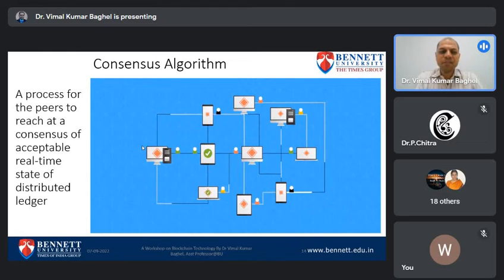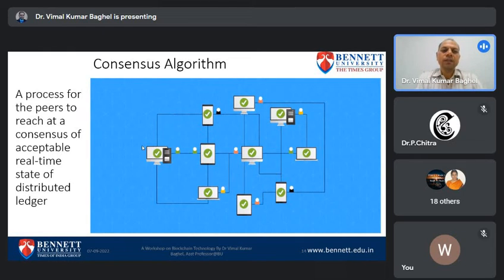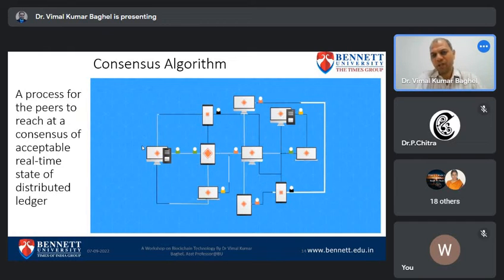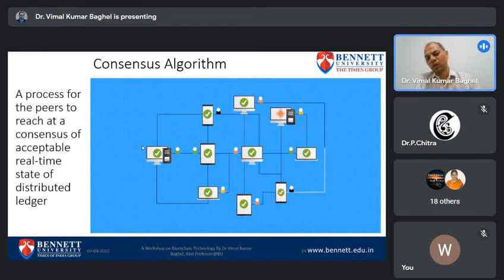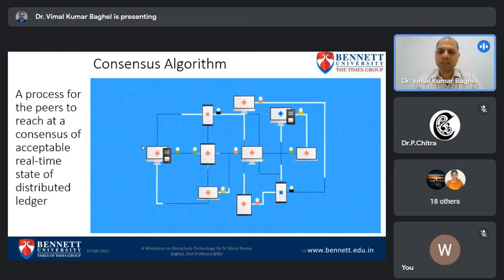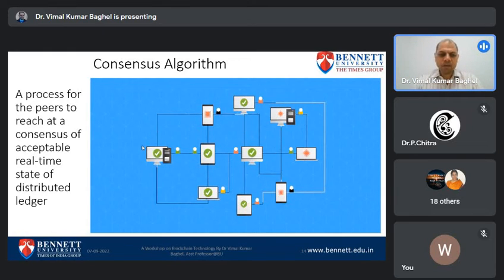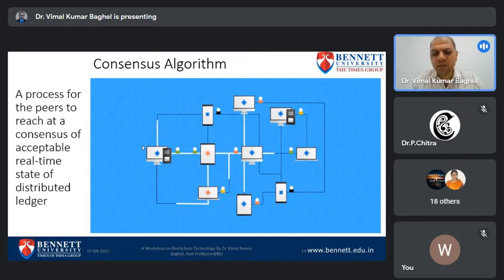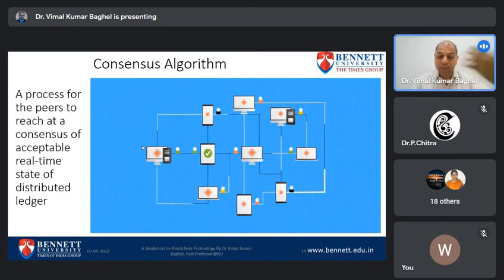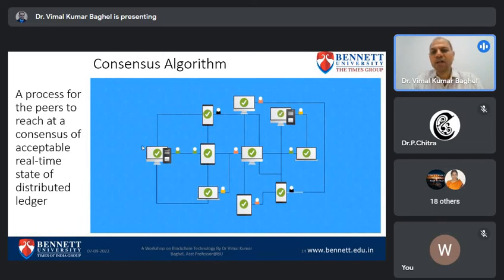On the basis of certain consensus algorithms, the state of the distributed ledger is modified. If all or a majority of the nodes inside the blockchain agree on modifying the state of the distributed ledger, then only it gets modified, and it is added into a new block, not into the existing block.